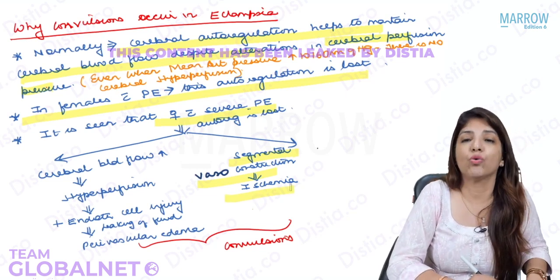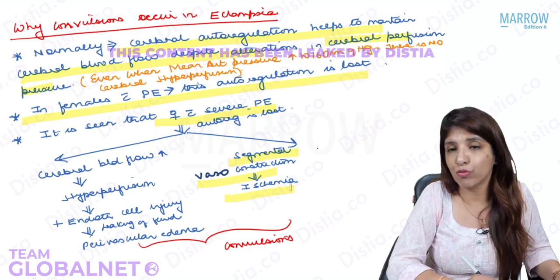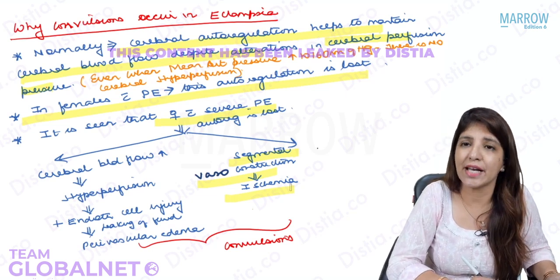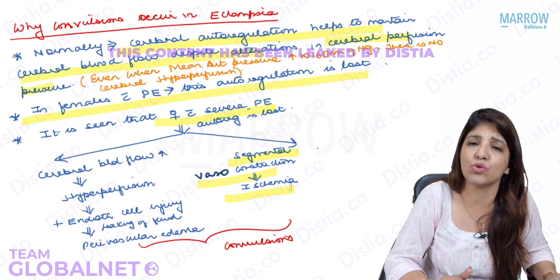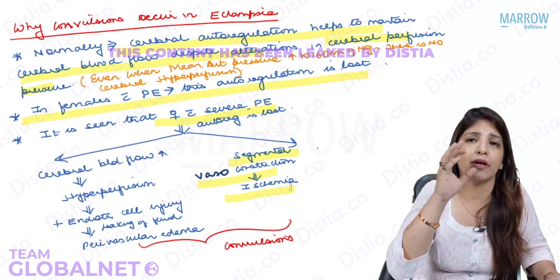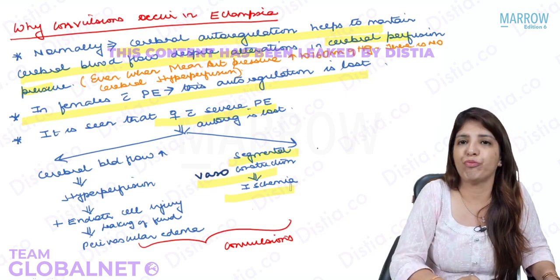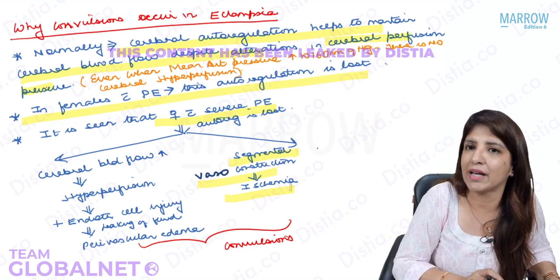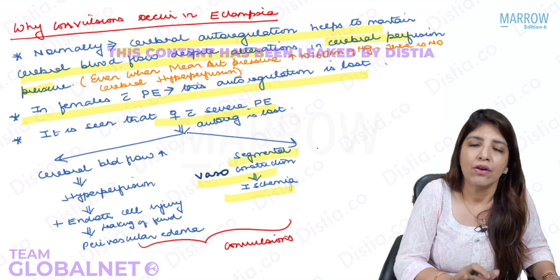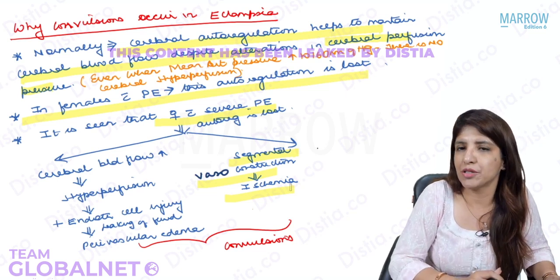Number 2, there is going to be cerebral hyperperfusion as well. Right? As I told you, whenever there is crisis, whenever there is stress, our brain is also going to receive more blood. And in this patient of preeclampsia, the autoregulatory mechanisms are not working. Right?